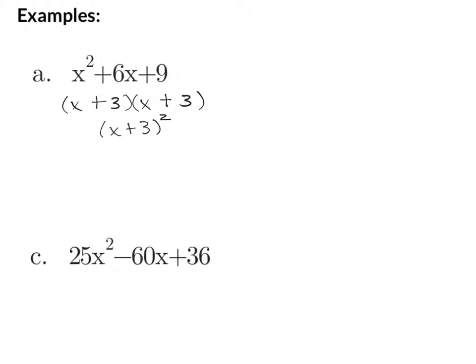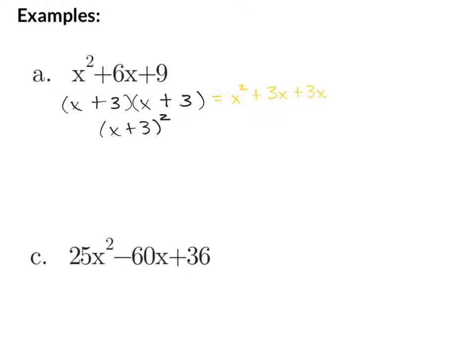If we go ahead and check this, let's go back to our factored form or our expanded form and multiply it out. This is equal to the first, we get x squared. The outsides, we get x times 3 is 3x. The insides, we get 3 times x is 3x.